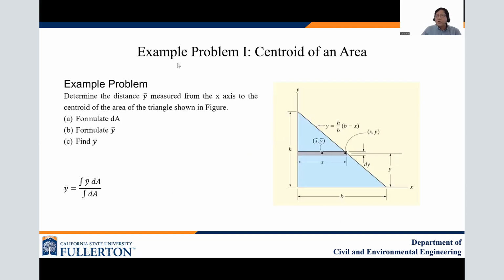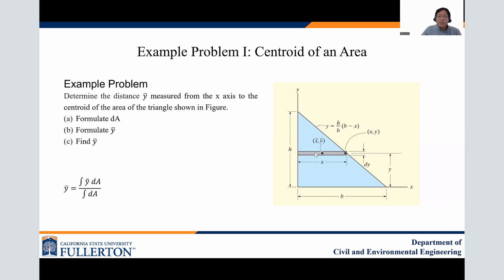So this is example number 1. We need to find the centroid of a triangular area, especially the y bar value. So formulate the dA for this small rectangular shape, and then formulate the y bar, and find the y bar centroid location.